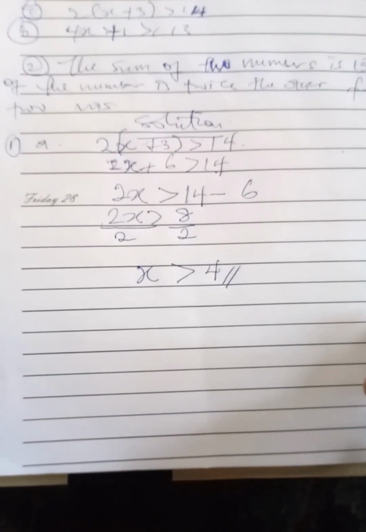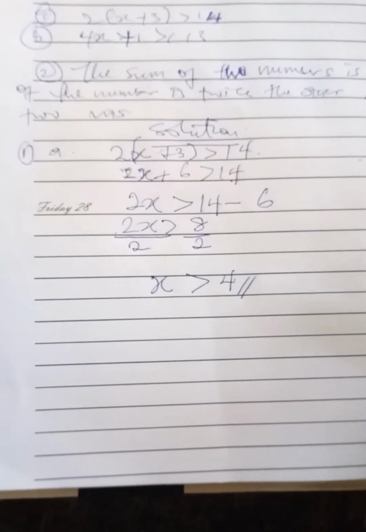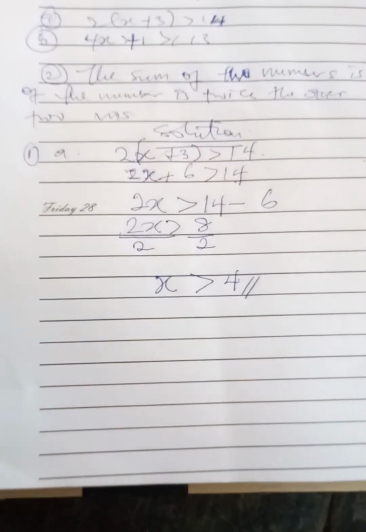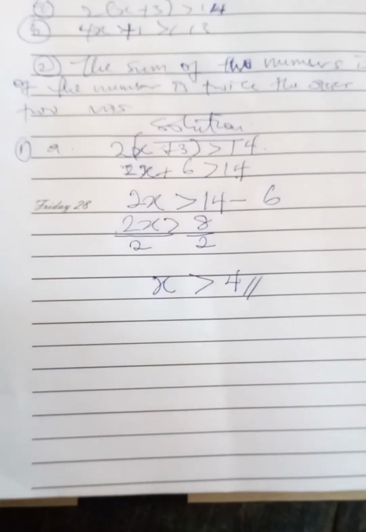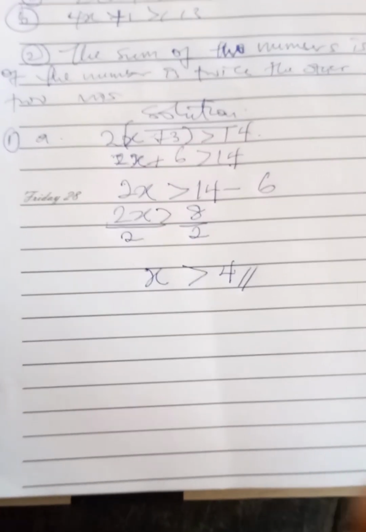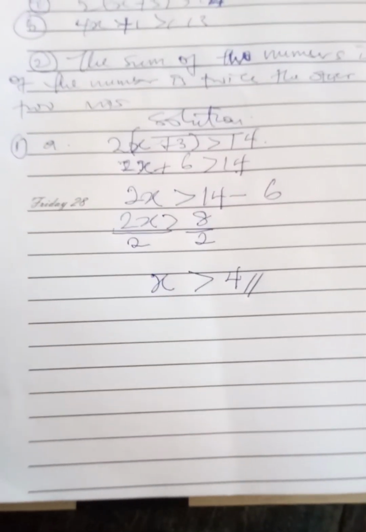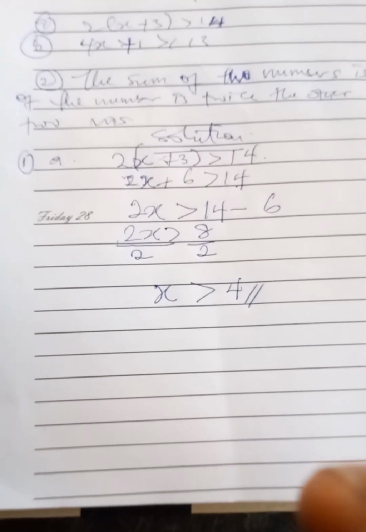Now when you see this, it's synonymous to your normal simple equation. Only the difference is the inequality sign. So you solve inequality as if you are solving your normal simple equation.